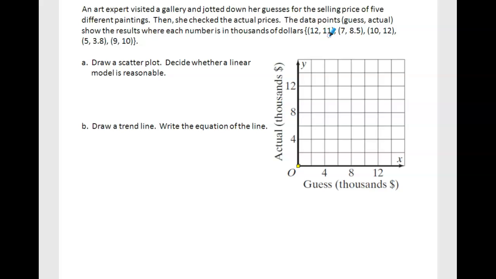We have 12, 11. So she guessed that the painting was $12,000, but it was actually 11. So that will be my first point. She guessed that a painting was $7,000, but it turned out to be 8.5.